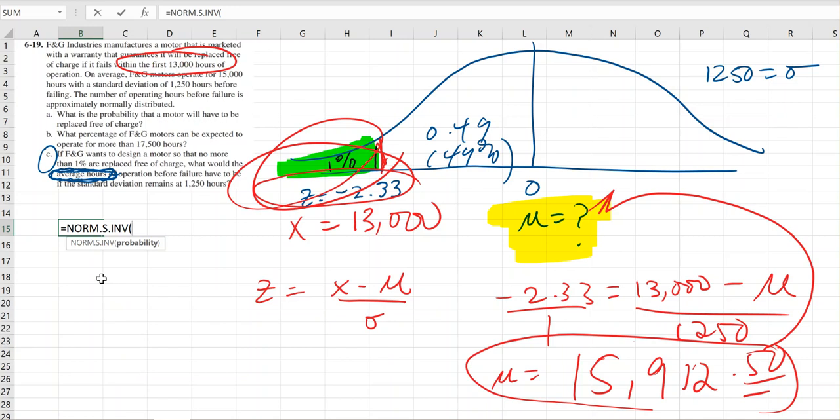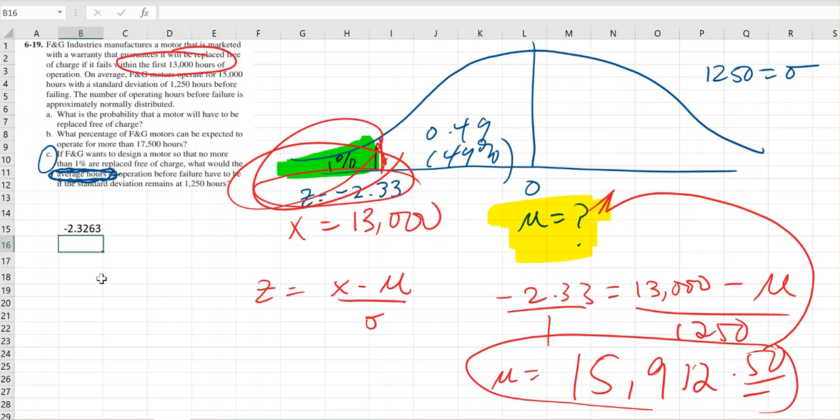We know the probability rolls in from the left tail up to the right. So 0.01 is 1%. That's all you need to put in. It tells you that the standardized score is minus 2.326. We round it to minus 2.33 because if we want to match the answer to our table, it's only 2 decimal places. So minus 2.33, and that's the way you have to do it using Excel.